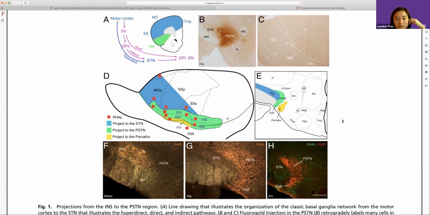Yeah. The purpose is to see which brain regions send their projections to the PSTN. So then when you section the other regions of the brain and you see these brown stainings, you would conclude that the cells in that region are sending projections to the PSTN.